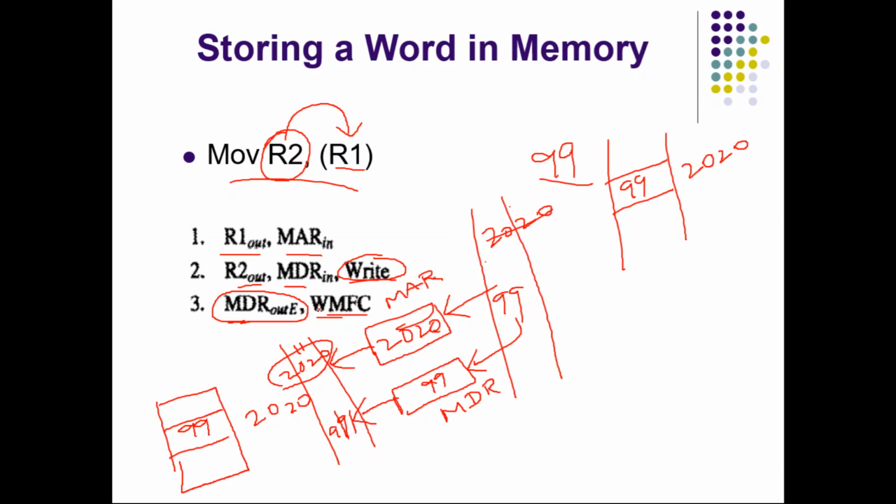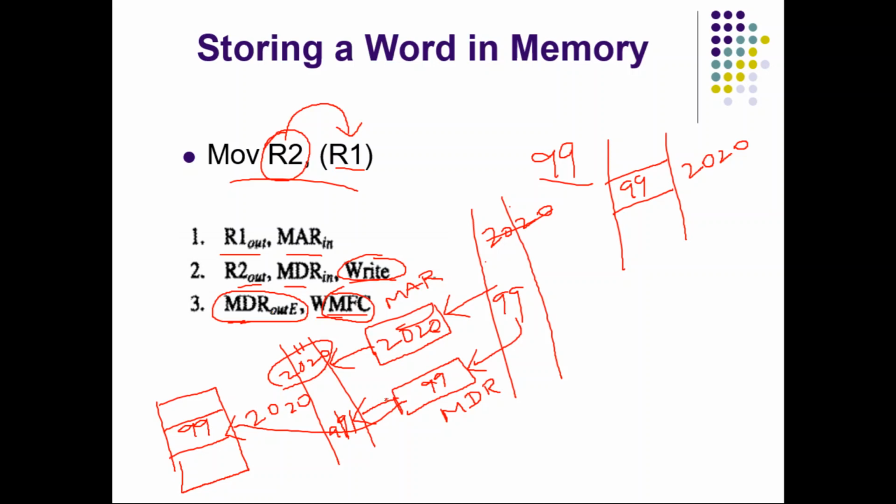Even if you give it like this, only after MFC is completed will this data be written to the particular memory location. Then why do we give it like this? It will reduce the time to a certain extent.